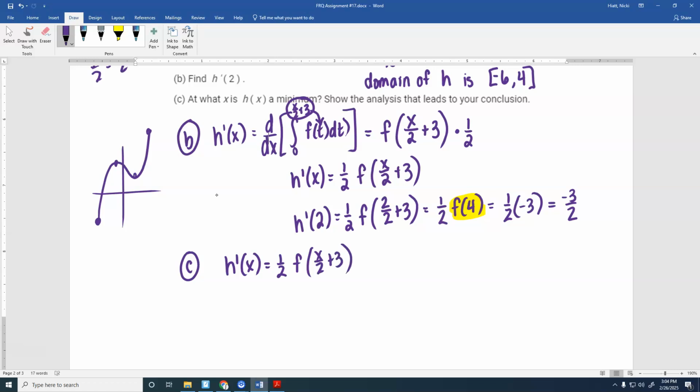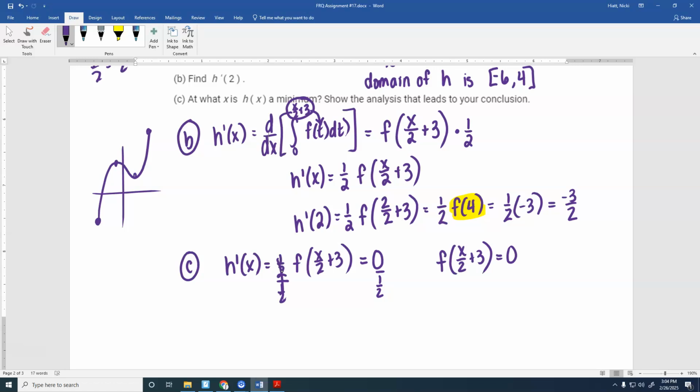We want to know where this equals 0. But this is tricky, because we can't just look at the graph; the derivative is not just the graph. It's 1/2 f of (x over 2 plus 3). Does the 1/2 really affect anything? It does not, because I could divide both sides by 1/2, and now I'm looking for where f of (x over 2 plus 3) equals 0.